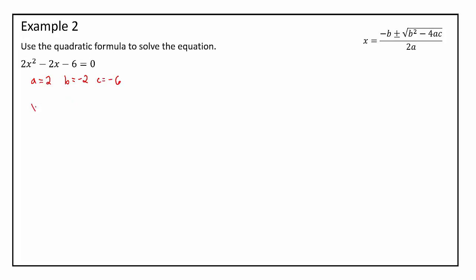Now let's fill in our quadratic formula. X equals negative b plus or minus square root b squared minus 4ac all over 2a.